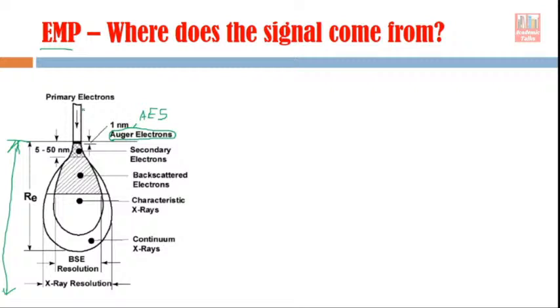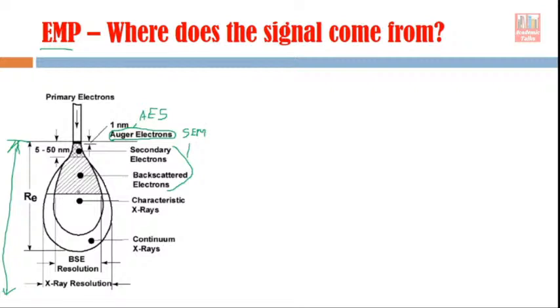Now, if the incoming electron beam is able to penetrate into a deeper part, maybe 5 to 50 nanometer, we get secondary electrons, and if it goes further into the interior of the sample, then we get backscattered electrons. These electrons are used in the development of the scanning electron microscope, which is a very powerful technique for the characterization of materials.